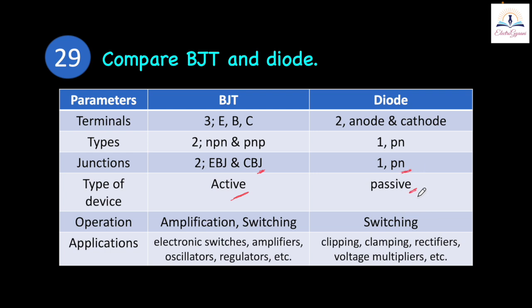That's why it is a passive device. Operation: BJT can perform amplification and switching both, while diode can perform only switching. We have already seen various applications of BJT like electronic switches, amplifiers, oscillators, regulators, etc. While diodes are used in clipping, clamping, rectifiers, voltage multipliers, etc.